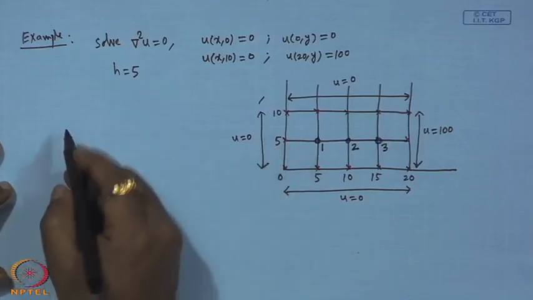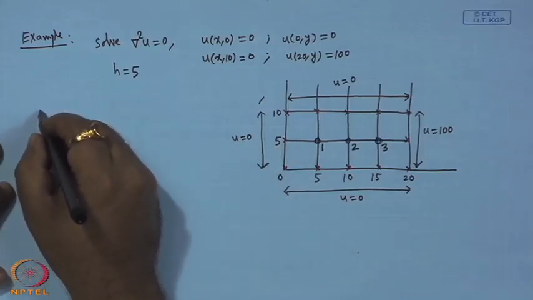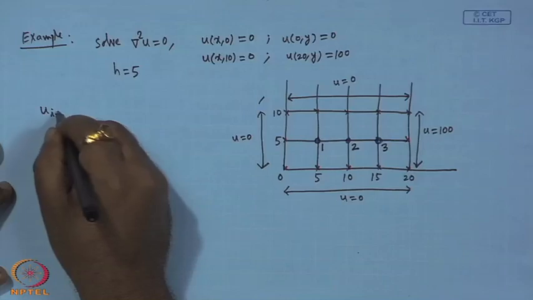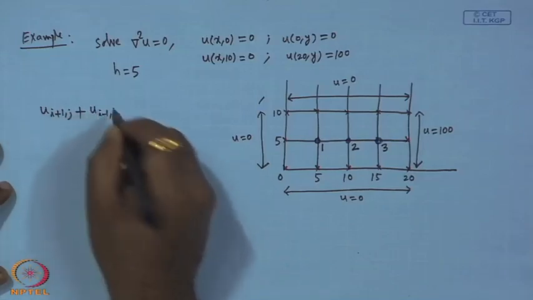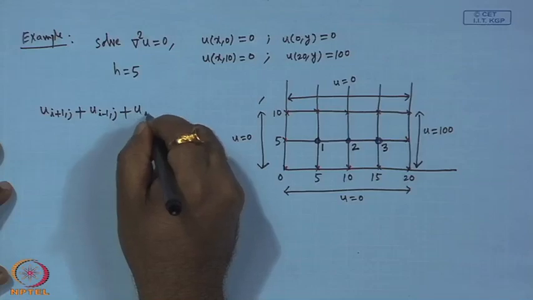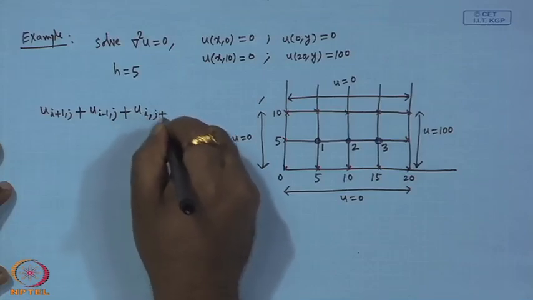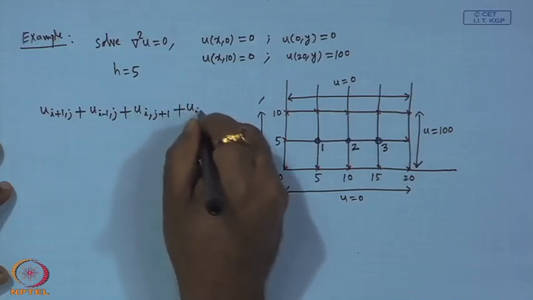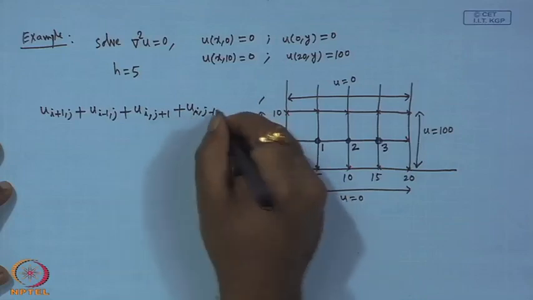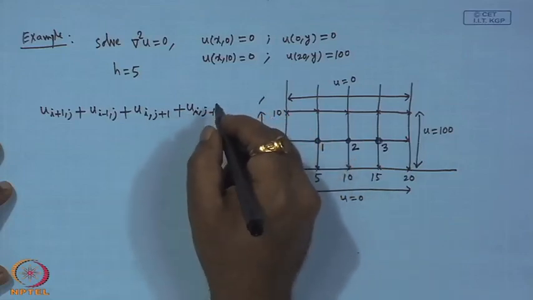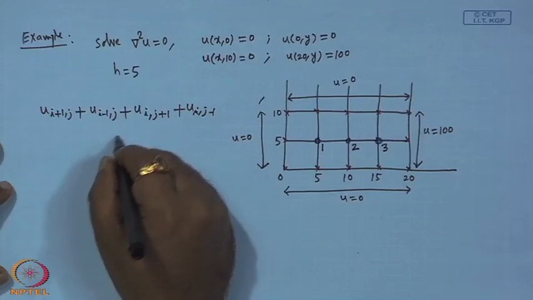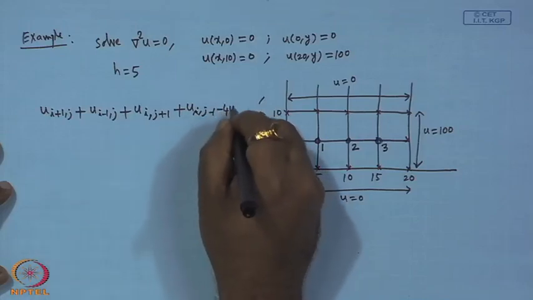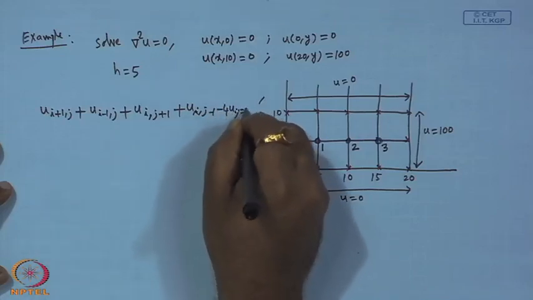So, now consider our discretization. So, this is minus 4 u i j equal to 0.